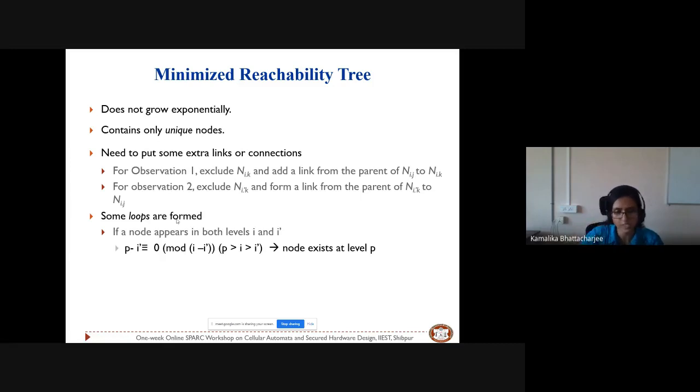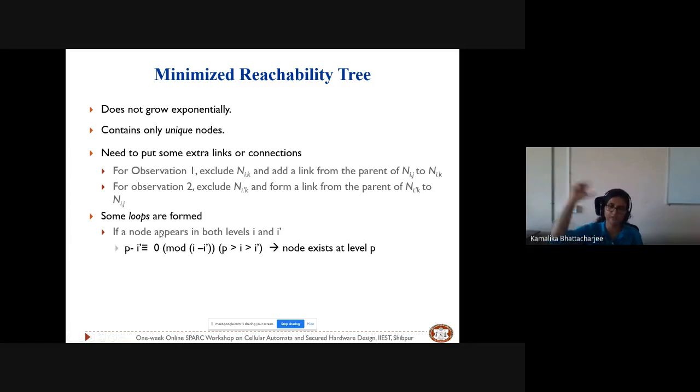So if there is one level P, then if P minus I dash is equal to 0 mod (I minus I dash), in this way we can see whether at this level this node can reappear or not.